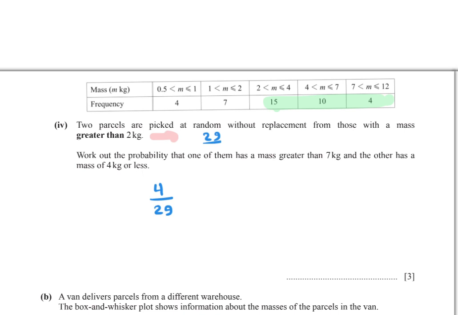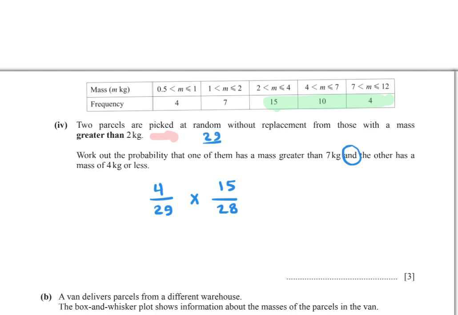For 4 or less, we have 15. Because it's given that the two parcels are picked from those, less than 4 means between 2 and 4, so 15. So times, because it's 'and'. So 15 over 28, because 29 minus 1.